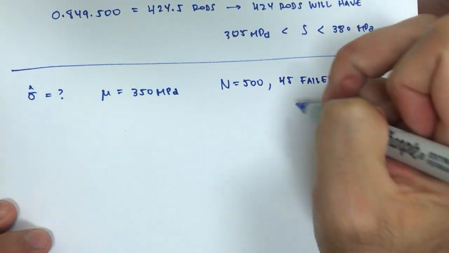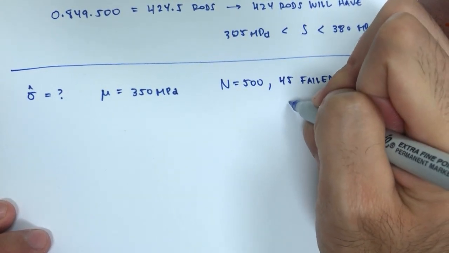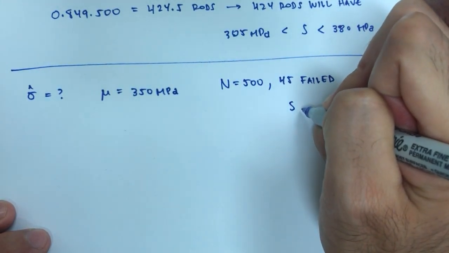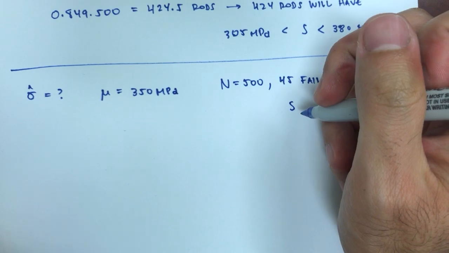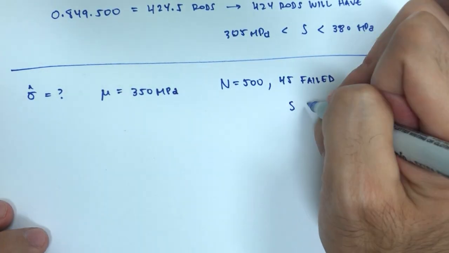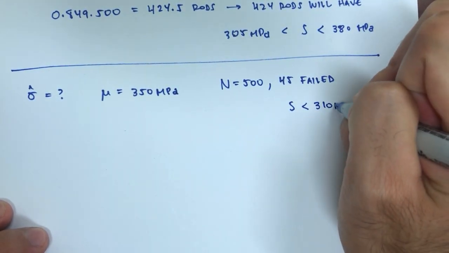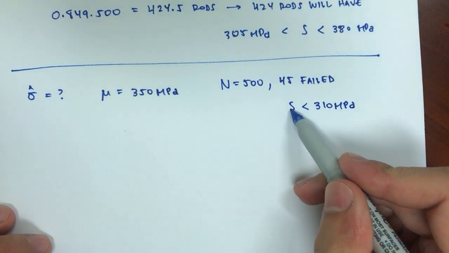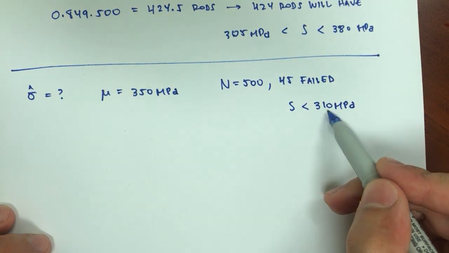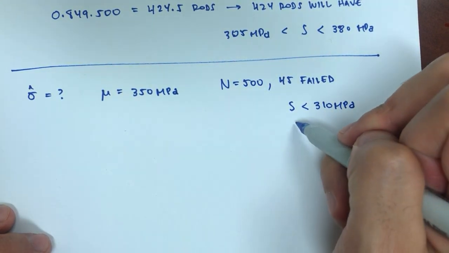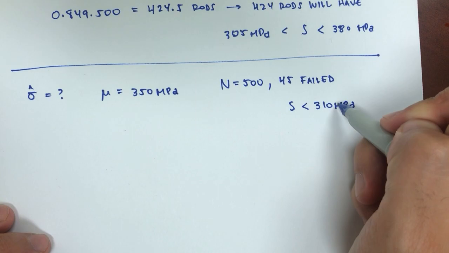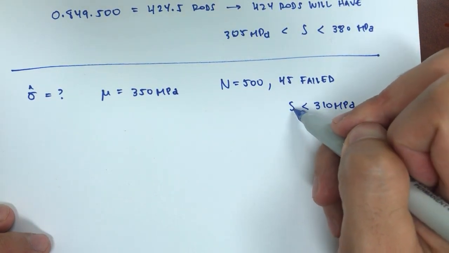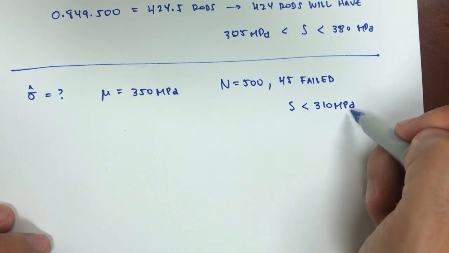And I know that they would only fail if my strength is lower than 310 megapascals. Let's say that for some reason I know that the maximum stress is this. So if they failed, it was because the strength was below 310 megapascals, right?